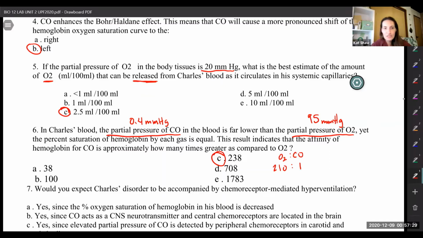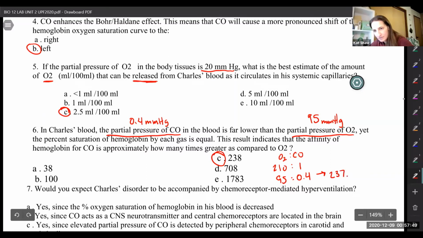So now we just set up that comparison here, oxygen at 95, CO at 0.4. And then we simplify this ratio to show that we get 200, I believe when you actually divide it, 237.5 to 1. Round that up, 238, right?